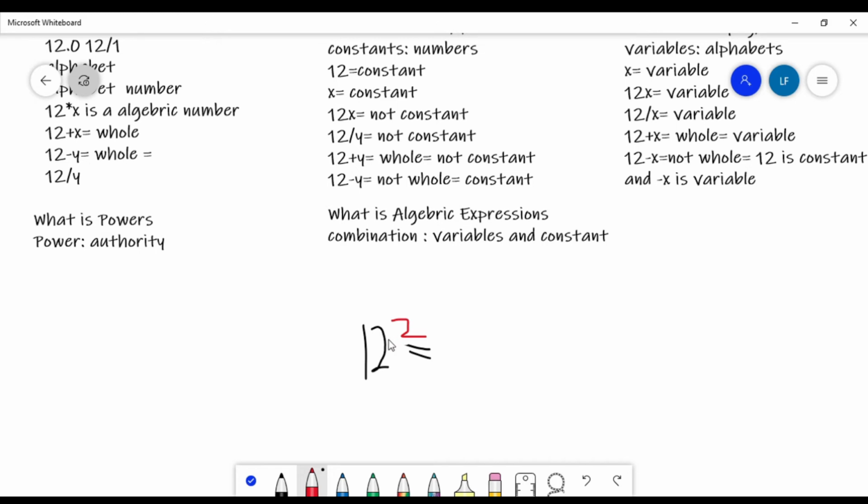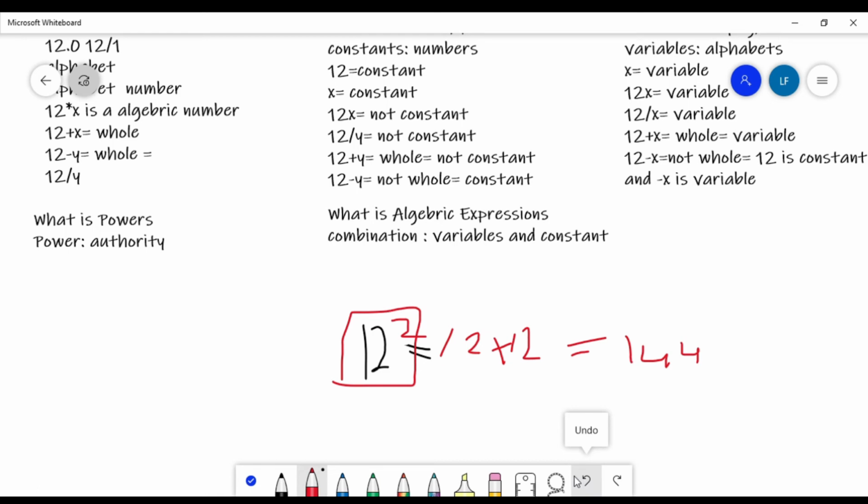You only have to multiply 12 two times. So 12 raised to the power of 2 equals 12 into 12. What does 12 into 12 equal? Its answer is 144. It's also known as a square.